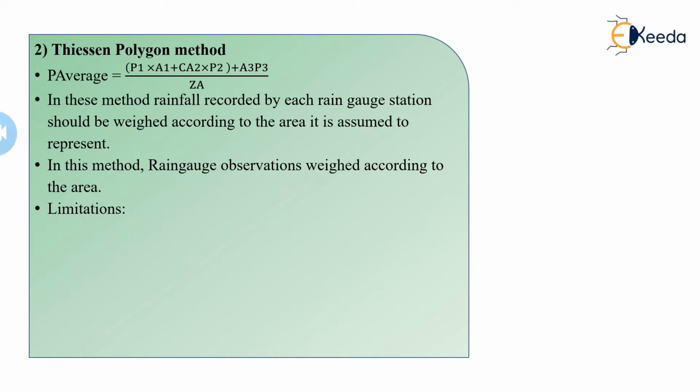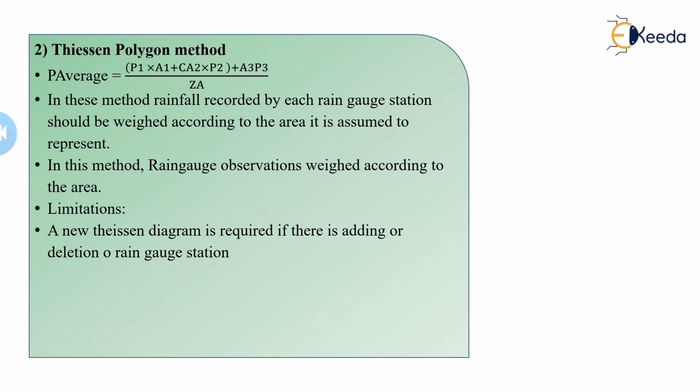Rain gauge observations are weighted according to the area. But there are some limitations also. Once we have found the optimum number of rain gauge stations in a network, after some time, if a rain gauge station is added or deleted, we require a new Thyssen diagram for each action.